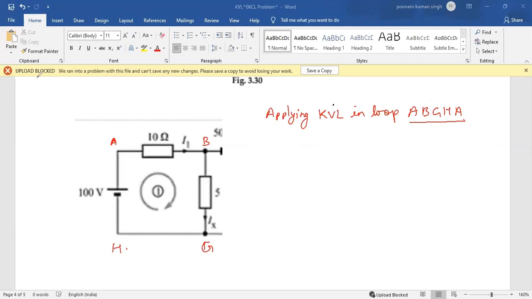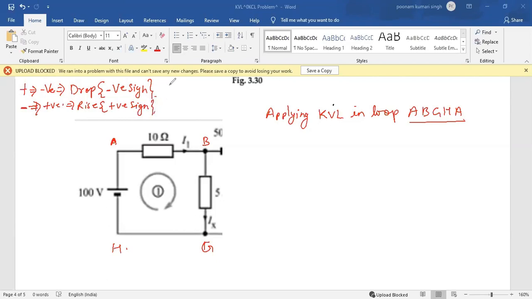Here you have to see that if it is going from positive to negative, it will be a drop in potential, and a drop in potential is always associated with a negative sign. Similarly, if it is moving from negative to positive, it will be a rise, and a rise is always taken as positive.